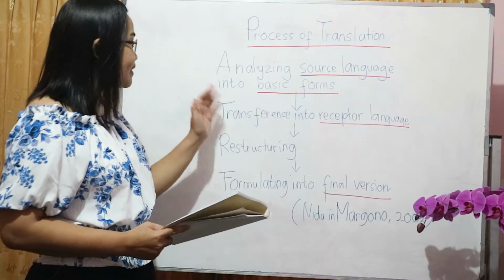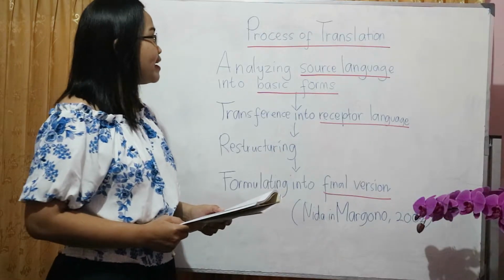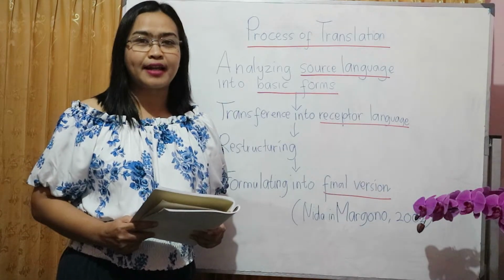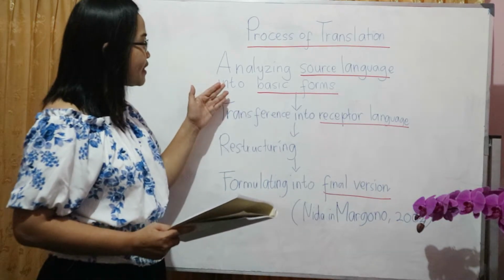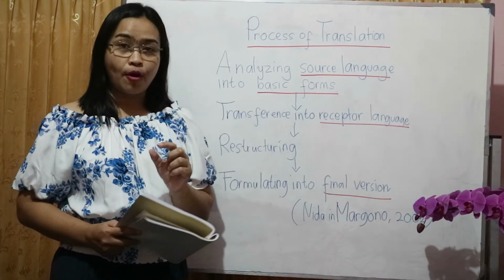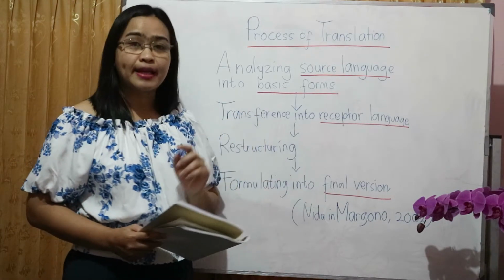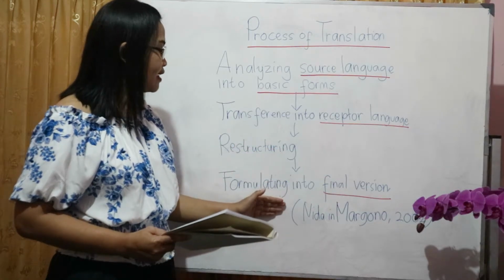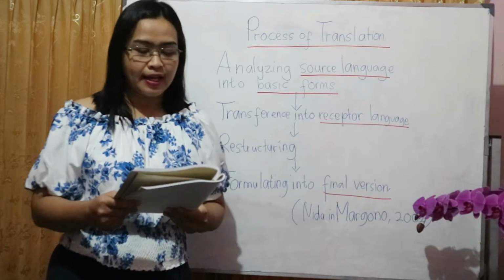Well, as you can see here, there are 4 steps that can be involved as process of translation. The first one is analyzing source language into basic forms. The second one, transference into receptor language. The third one, restructuring, and then formulating into final version.